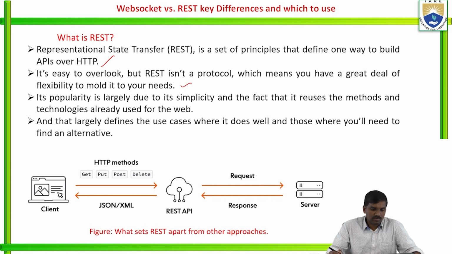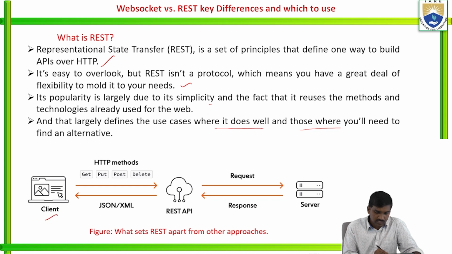Its popularity is largely due to its simplicity and the fact that it reuses methods and technologies already used for the web. That largely defines the use cases where it does well, and those where you will need to find an alternative. This is the introduction to what REST is.